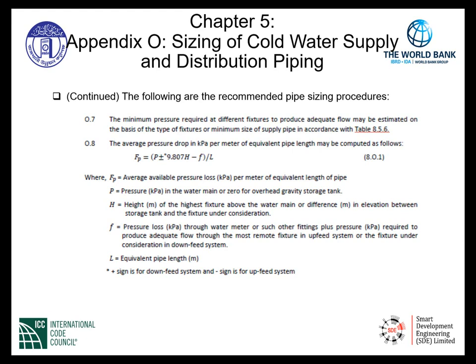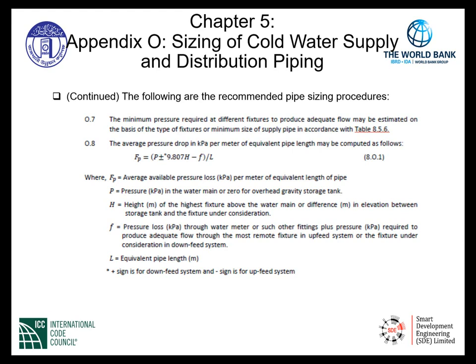F is the pressure loss in kilopascals through water meter or such other fittings, plus pressure required to produce adequate flow through the most remote fixture in upfeed system, or the fixture under consideration in a downfeed type system. Once we have determined that quantity, we divide by L, which is our equivalent length of pipe in meters.